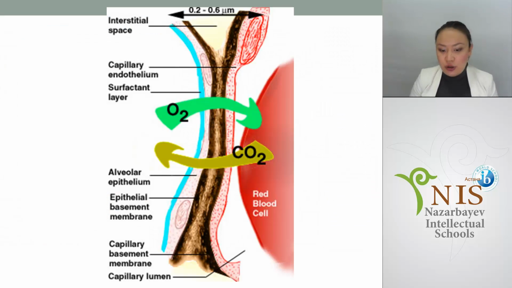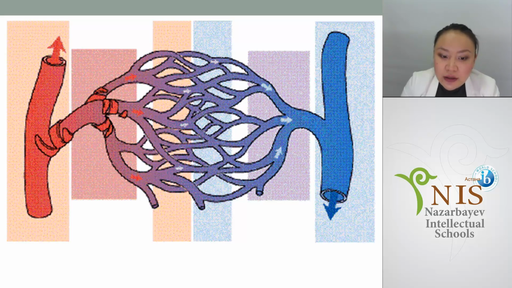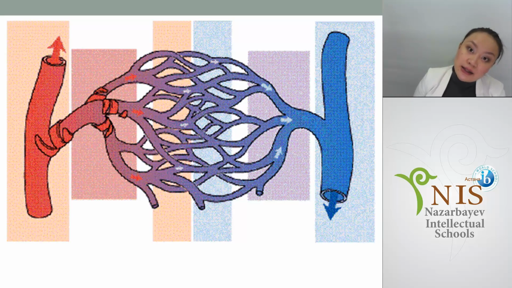And capillaries. You see here a picture of capillaries. How will it work? Capillaries link exactly blood, allow diffusion of nutrients and of gases into the body, and from the body into the blood system.